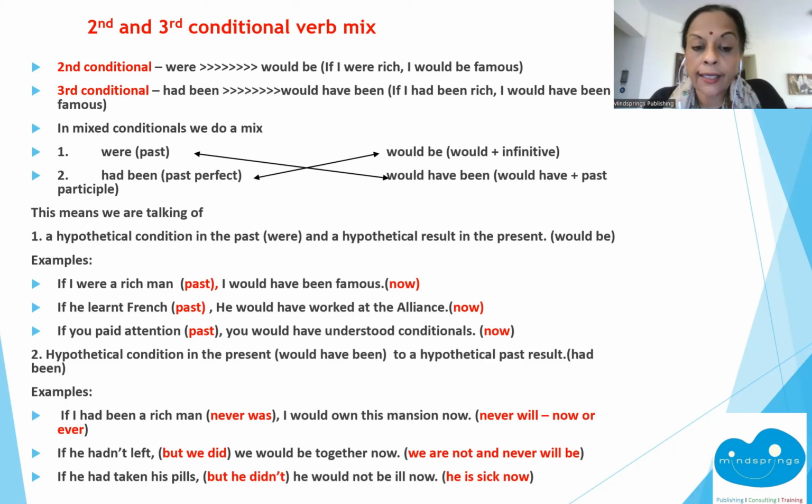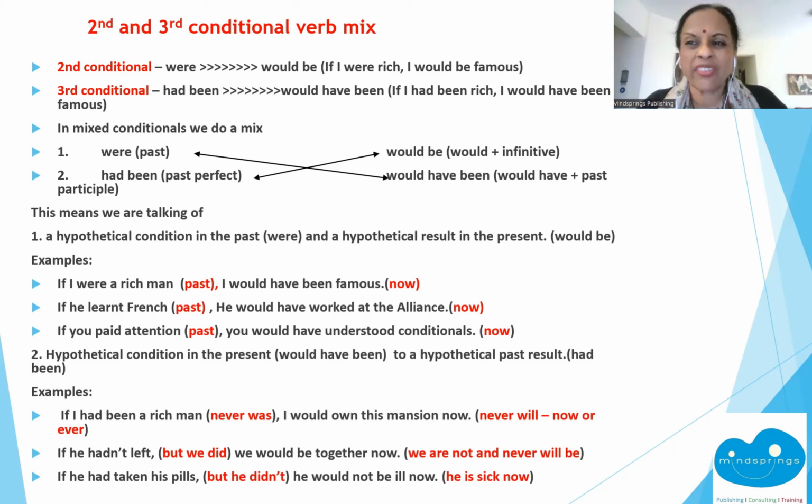So the hypothetical condition in the present, would have been, I would have been rich, and the result is in the present. To the hypothetical past result, if I had been, I would have been. Both are false. If you're getting mixed up, confused, don't worry about it. Both of them are false. Both of them are imaginary. Both of them are fantasy.